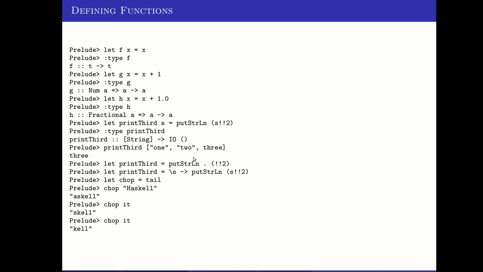So we could do composition here, compose put string line with the indexing at index 2, and it will take s as a sort of implied input. So you see we have no parameter here, and that's okay, because what's defined here as a function is really just a name for some value.